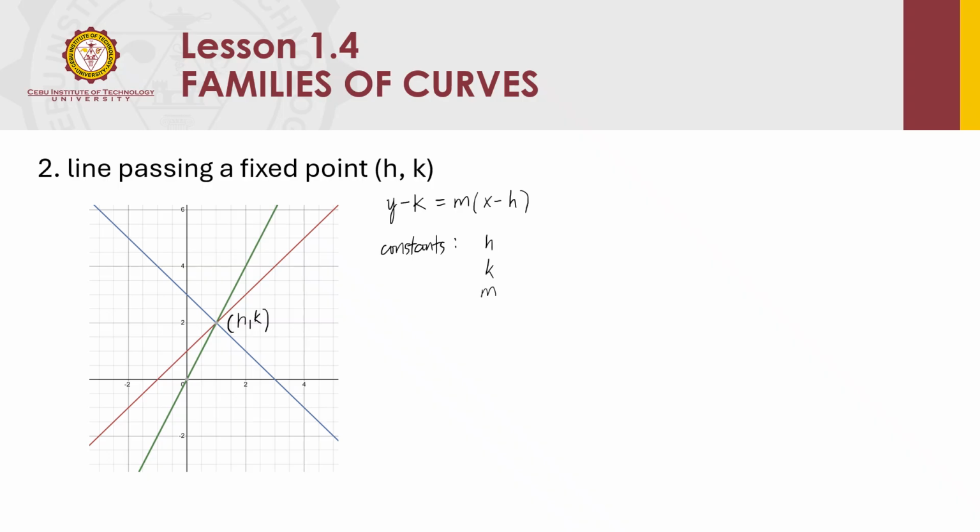As you can see, h and k are the same for all members of the family of lines, although they do not have specific values, but are the same for all lines, making them fixed constants, while m varies for the members of the family of lines, so therefore m is arbitrary.